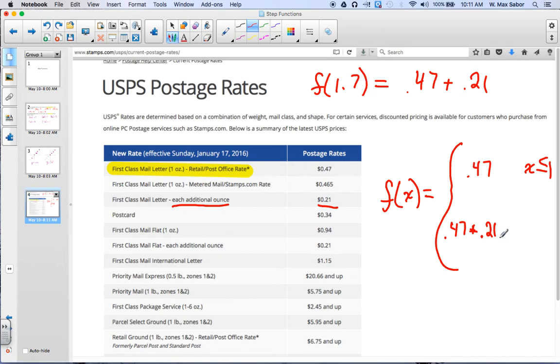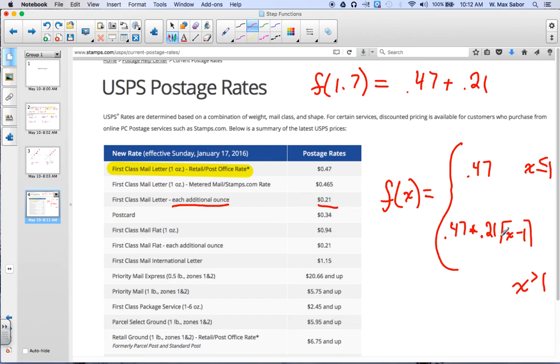So that means that we're taking the ceiling of x minus 1. Why the ceiling of x minus 1? Because the first ounce is included here, which is why it's x minus 1, and why the ceiling, because as soon as we go above 1 ounce, now we start charging the extra.